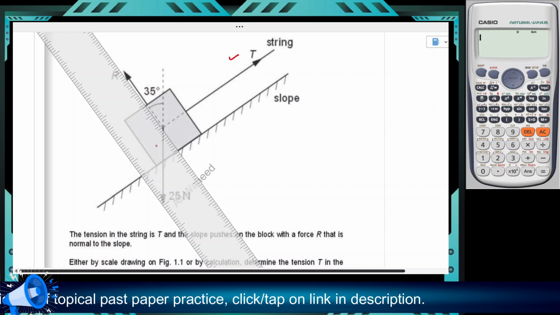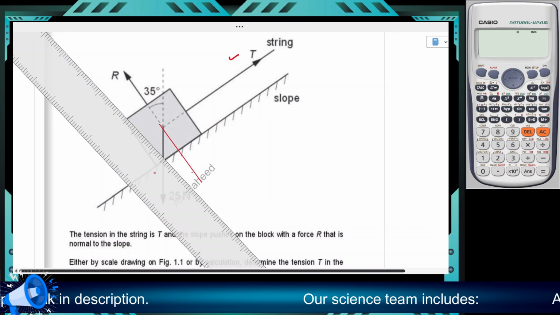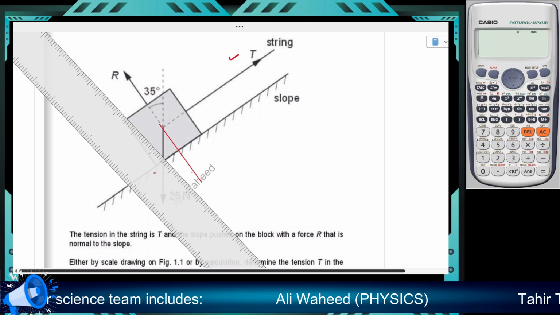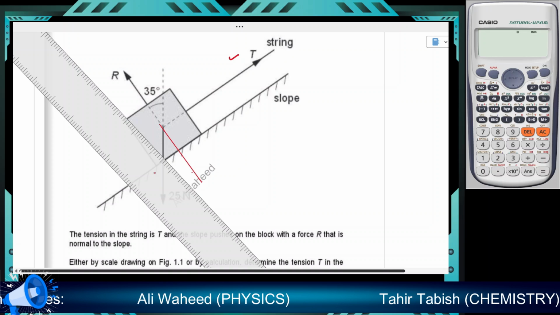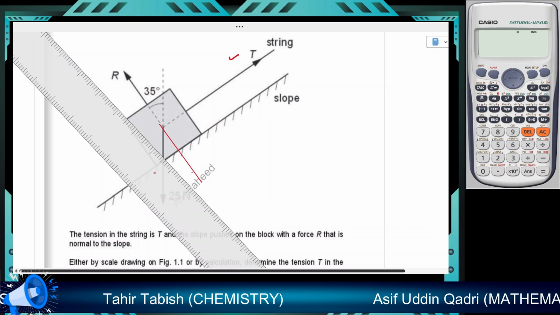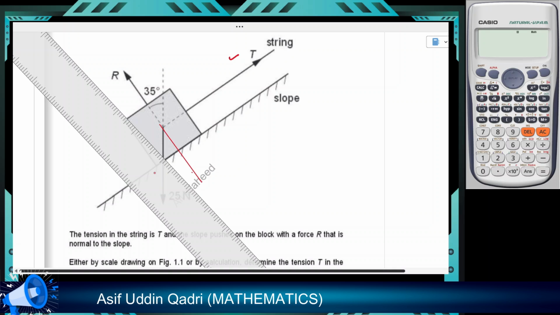This is still the vector. You can call it r. We have just reversed the direction, but the magnitude remains the same. And I'm going to extend the other one, T. So I'm going to draw a parallel line in this direction. So I need to find the vector T.